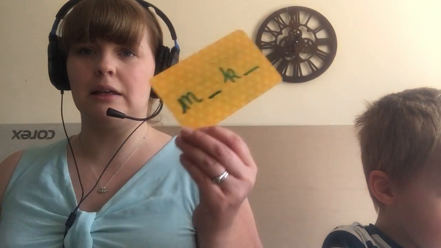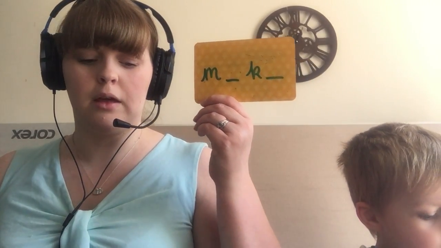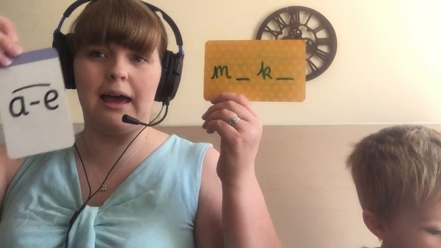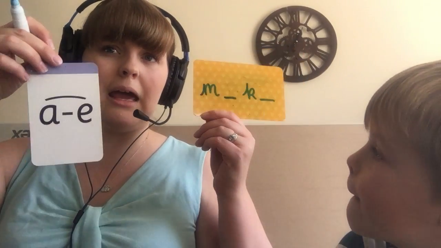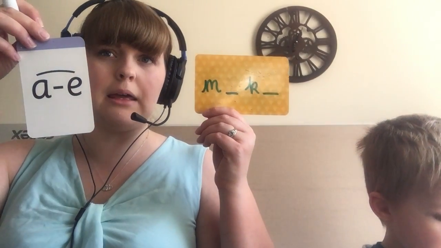We're going to have a go at writing some words that have got the A sound in them. Let's have a try at saying the word make. Now the way we're going to do that is we're going to have a little bit of a blank space there, because we need to get our A in there.